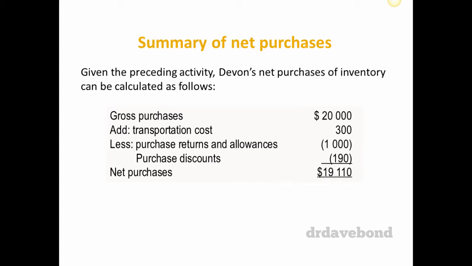We end up with net purchases, or the inventory value in the books, of 19,110. Yes? That 18,810 is because I was given a 1% discount for early payment.